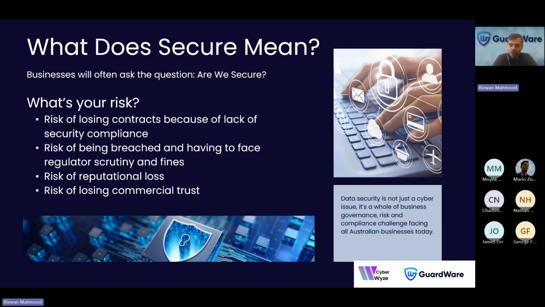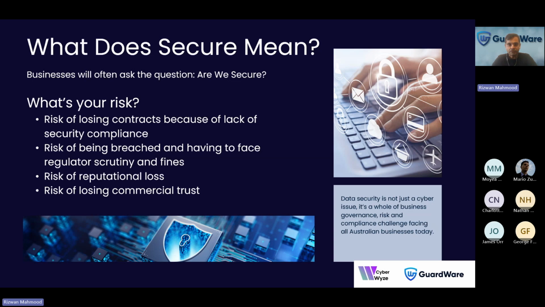It is important to get the answer not from the cyber team or the IT team, but from people who run the business, who own the business, because the answers are quite different from their perspective. A lot of the time, their risk is we might lose a contract because we don't have the relevant security compliance right now. Or we might lose business because if we get breached, our reputation might get impacted.